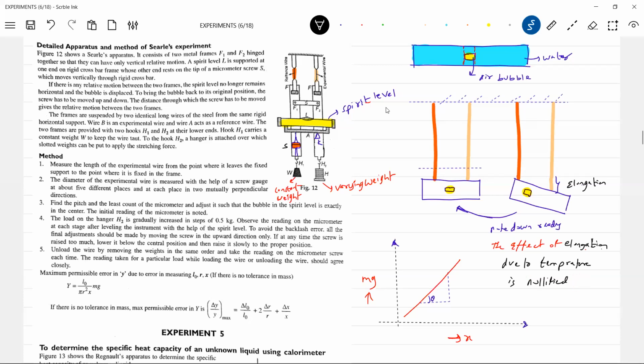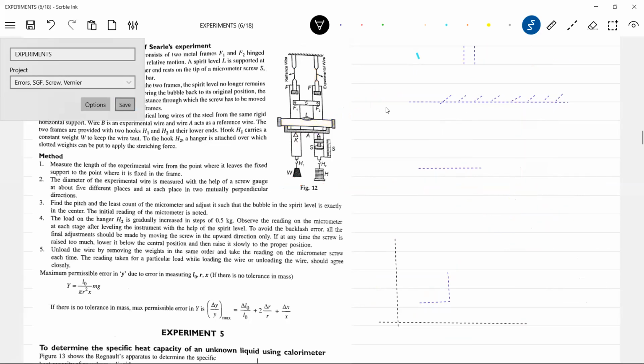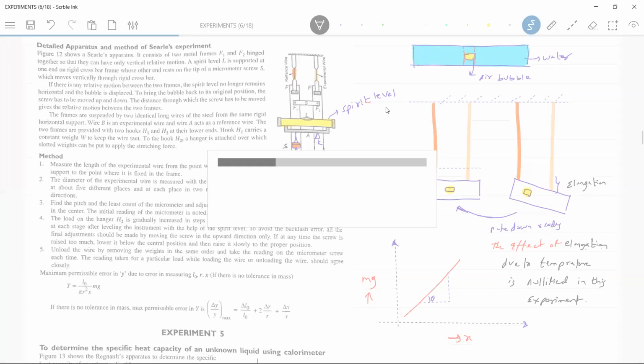This is the main core idea. It can be asked in advanced exams, so you have to be very careful. Mains, advanced, anything that it may be.